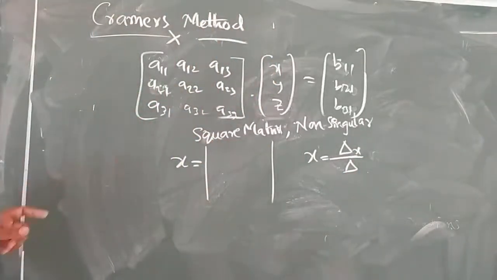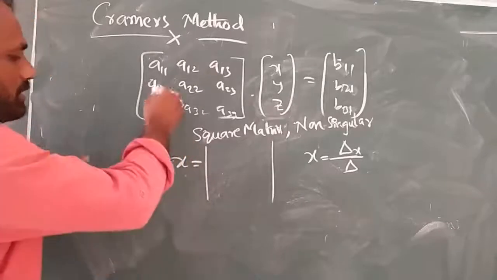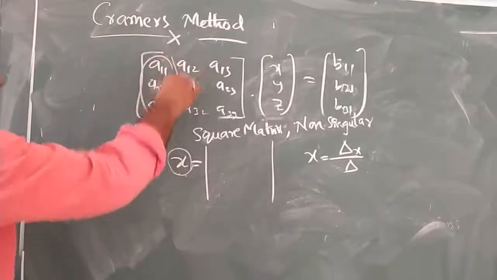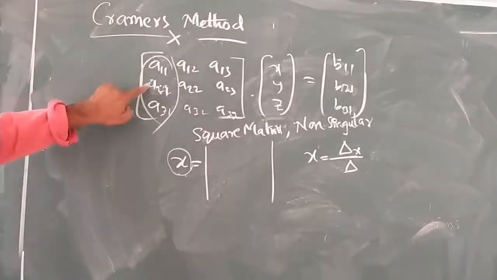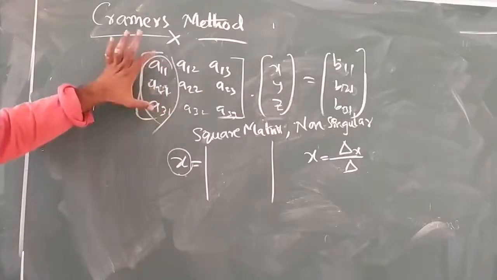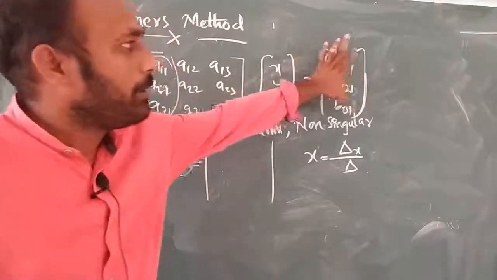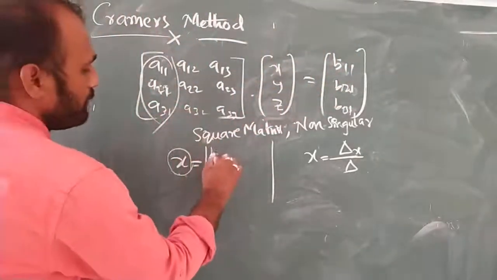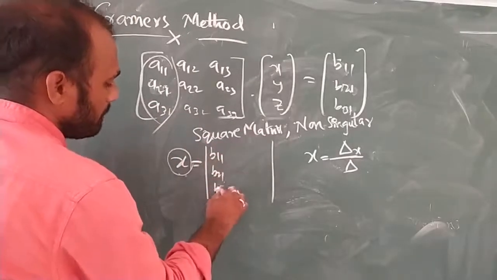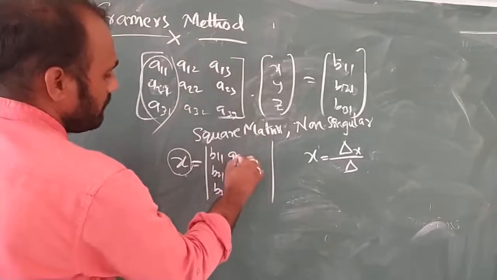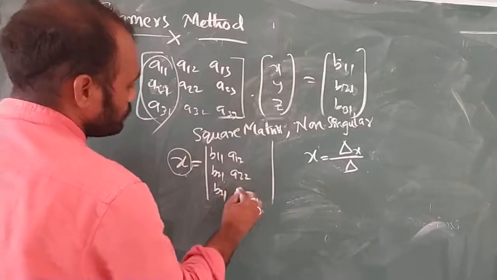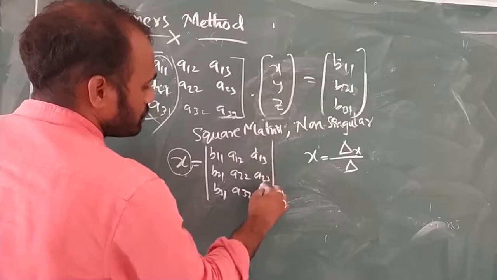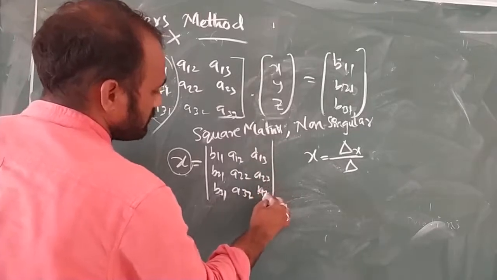Since I am finding x, the first variable, in the coefficient matrix this column A11, A21, A31 has to be replaced by the resultant matrix, that is B11, B21, B31. The remaining columns stay the same: A12, A22, A32, A13, A23, A33.